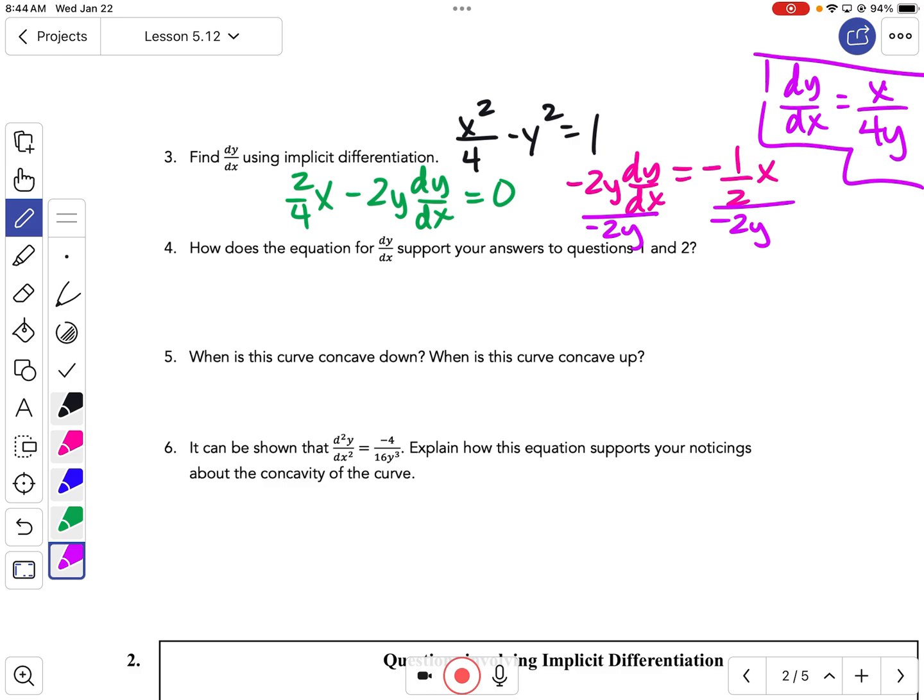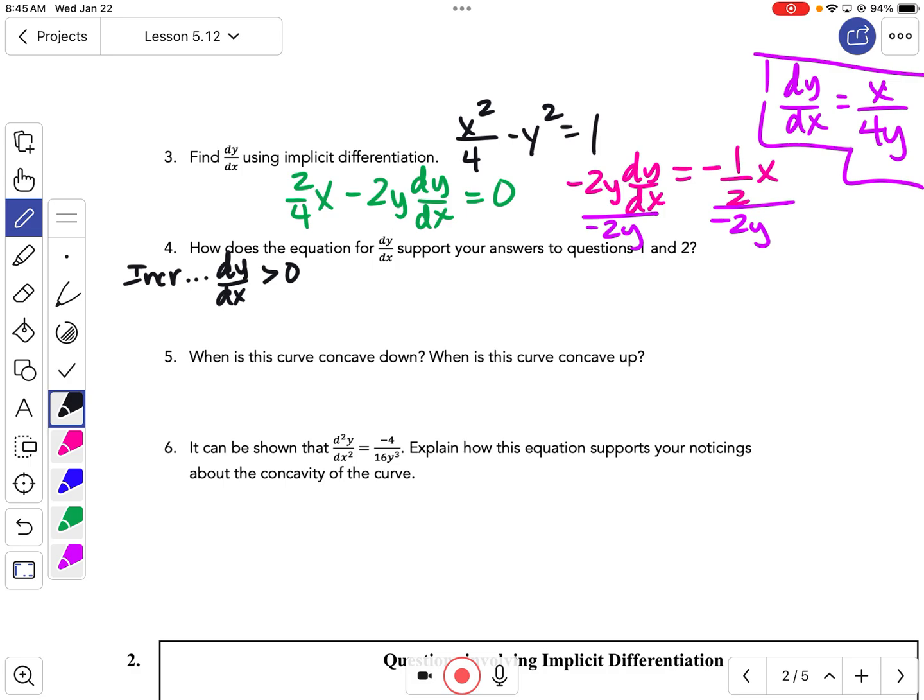When we talk about increasing and decreasing with a relation, what has to be true calculus-wise? The derivative would have to be positive. So where it's increasing, dy/dx would have to be greater than 0. Let's go back and look.